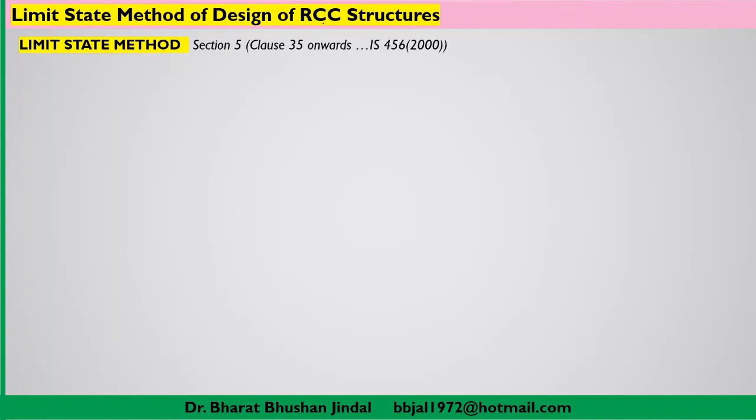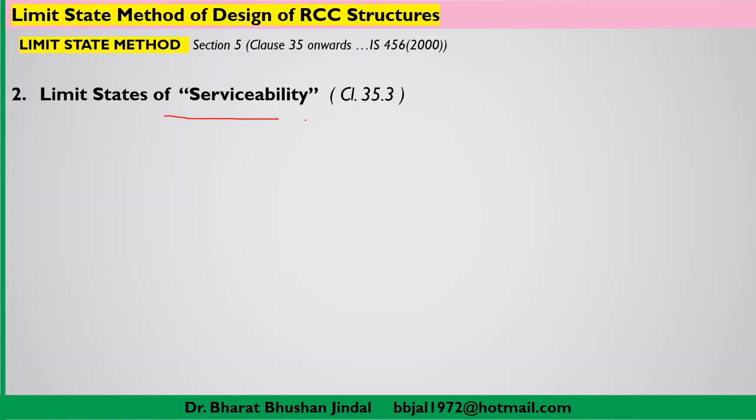Then again, the second type of limit state. First of all, we have discussed limit state of collapse. Now the limit state of serviceability, which you can refer to in clause number 35.3.